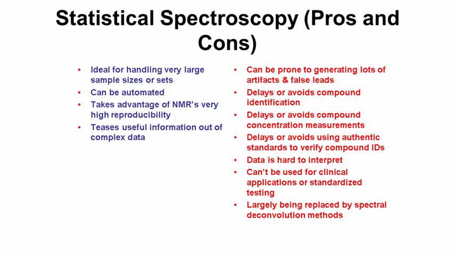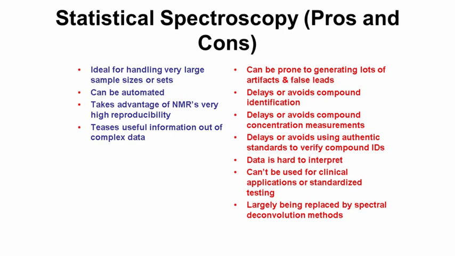However, because it's so dependent on having things, especially peaks or bins, aligned, of having everything properly scaled, of having carefully controlled environments, carefully controlled SOPs or standard operating protocols, it's often prone to artifacts and false leads. It also delays the inevitable, in that you ultimately have to get compound identification, compound quantification.